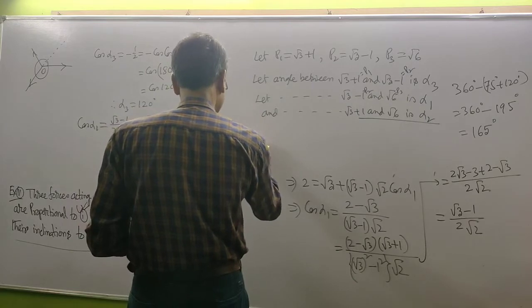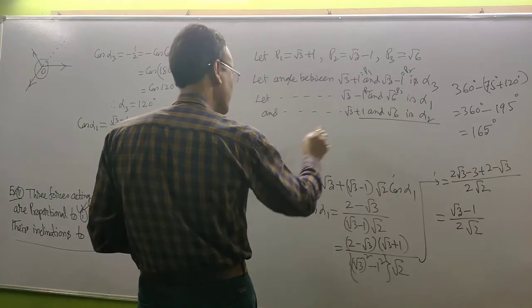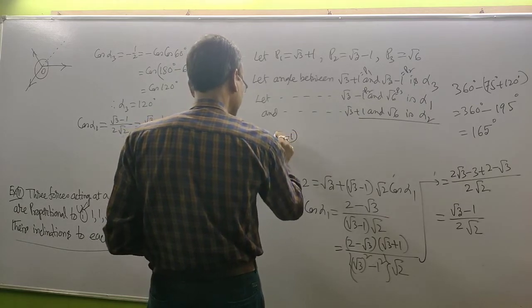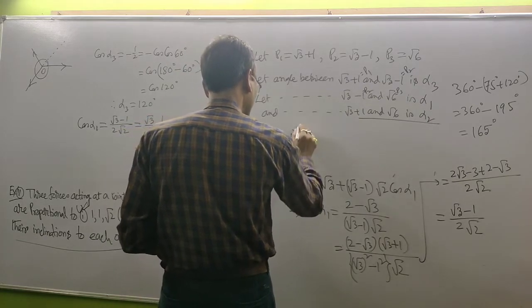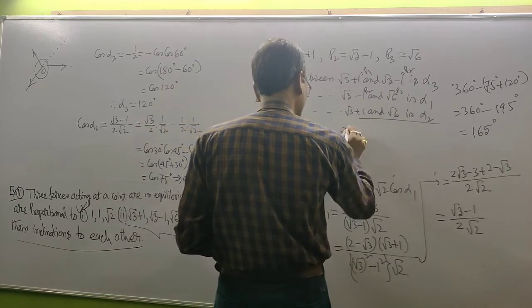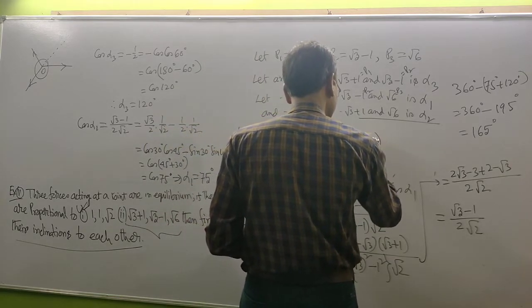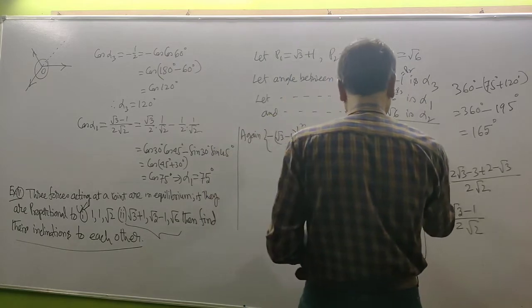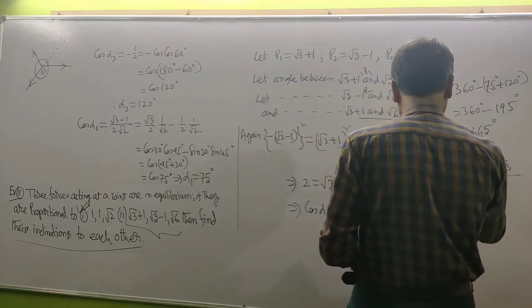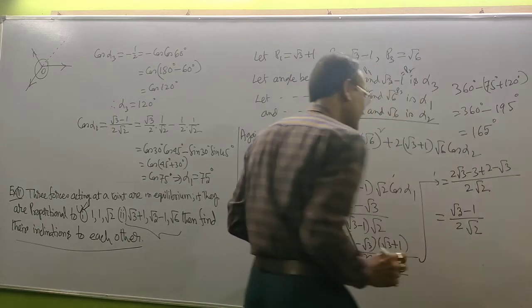Again, minus root 3 minus 1 whole square should be equal to root 3 plus 1 whole square plus root 6 whole square plus 2 times of root 3 plus 1 into root 6 cos alpha 2. You may write like this.